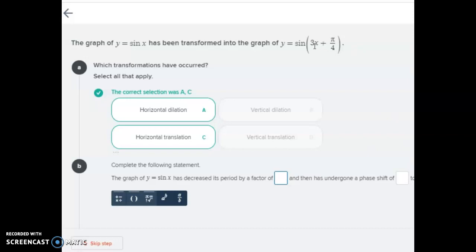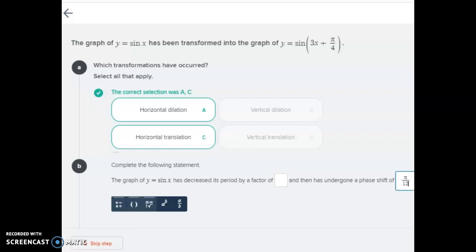If you factor this as 3 times the quantity x plus something, what does the something have to be to get a pi over 4? 3 times pi over 12 gets you pi over 4. So this phase shift is pi over 12 to the left.